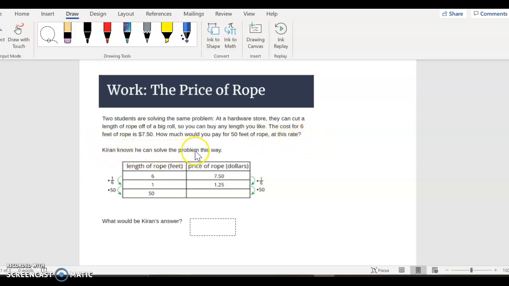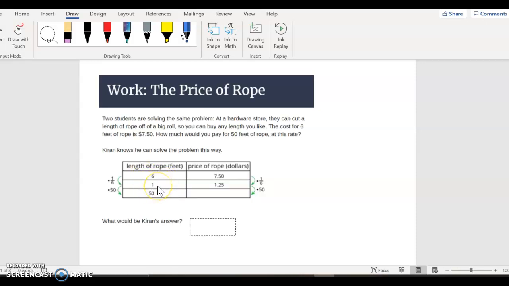Kieran knows he can solve the problem this way. So he took the information and put it in a table. 6 feet of rope cost $7.50. And then what he did for the next row was get the cost for 1 foot of rope.